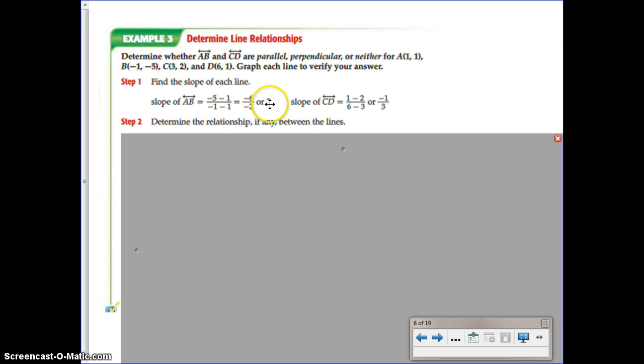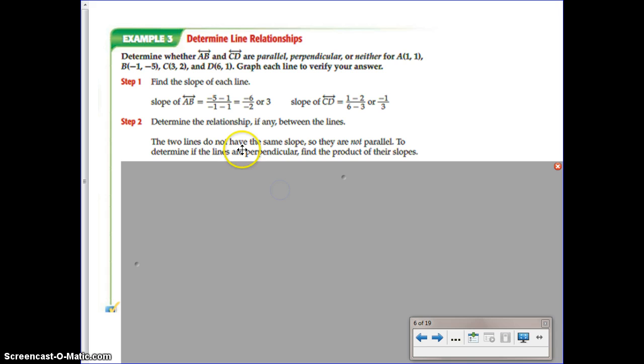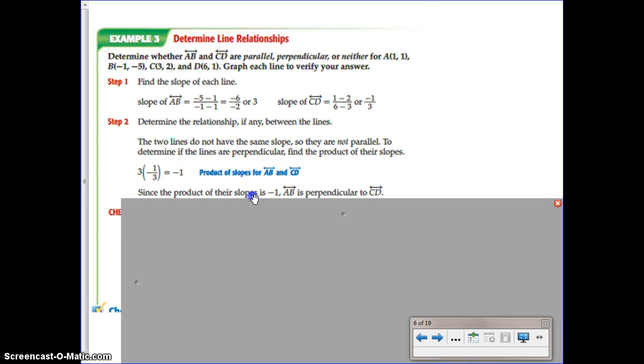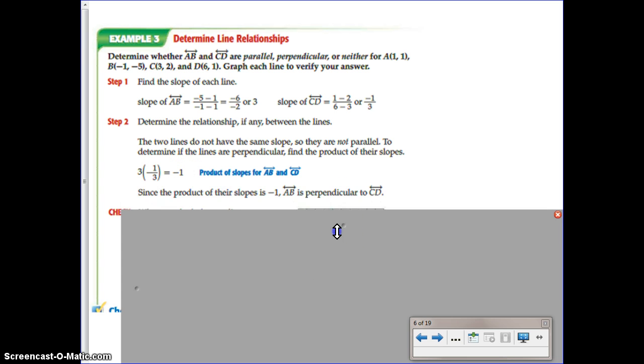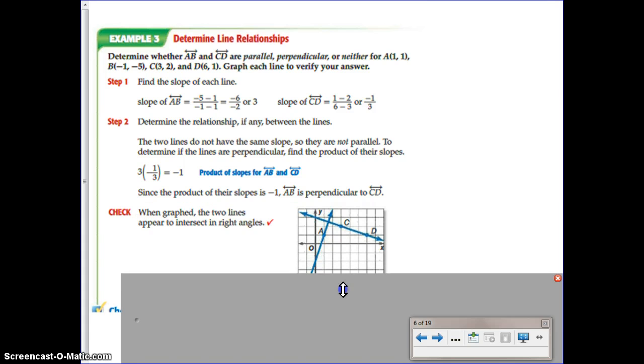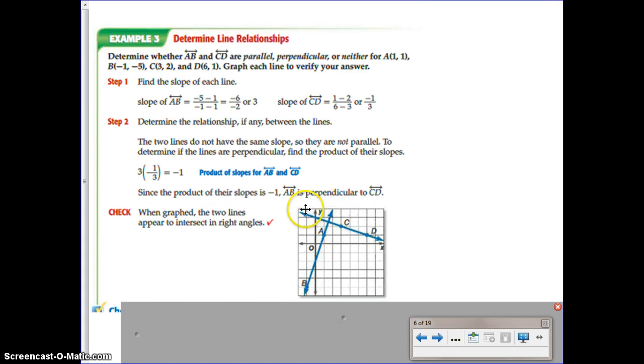I noticed that if one is 3 and the other is the opposite of 3 and the reciprocal of 3, they must be perpendicular. So, to check that, we can multiply them. Their product is -1, which tells me it is perpendicular. So AB is perpendicular to CD, and we can check it by graphing them, and it is true, they truly are perpendicular. They form a right angle when they intersect.